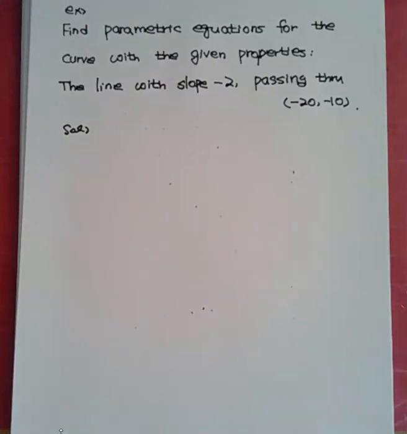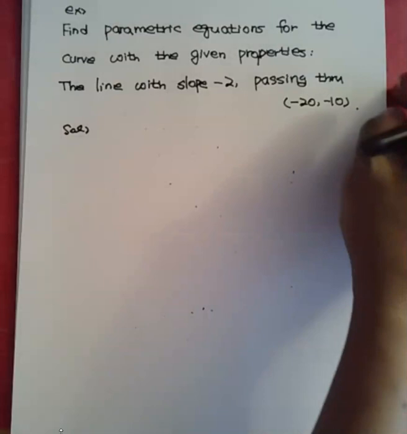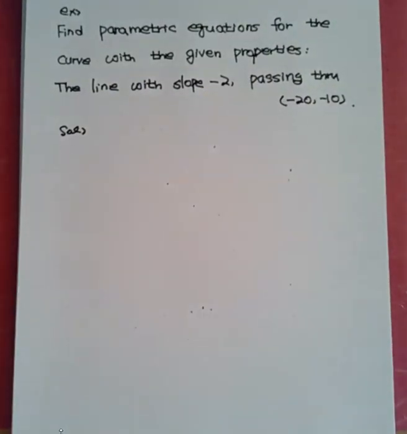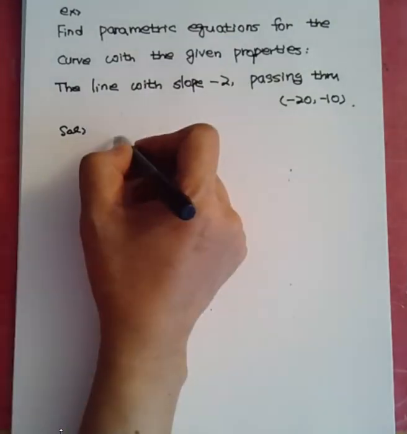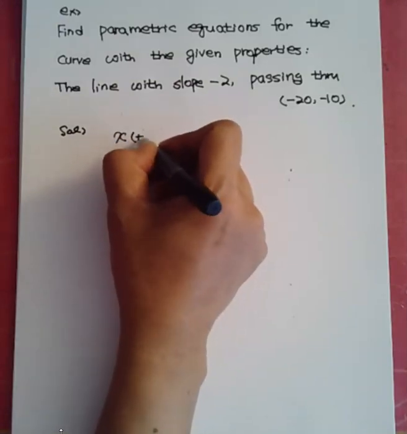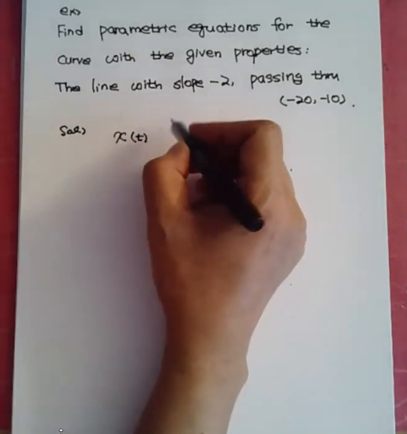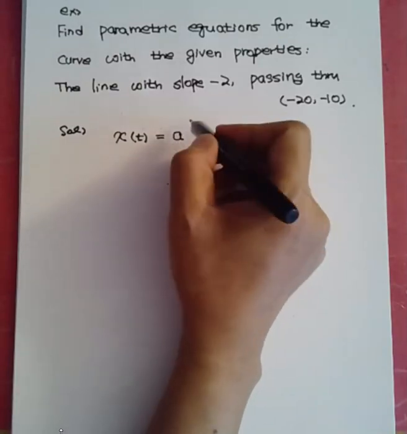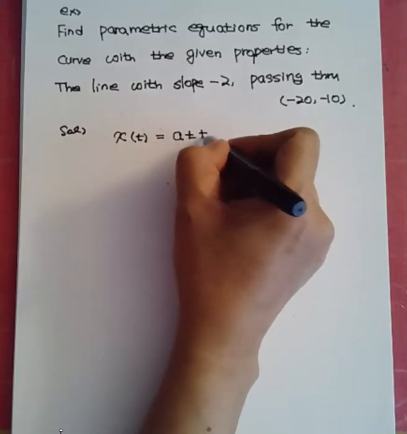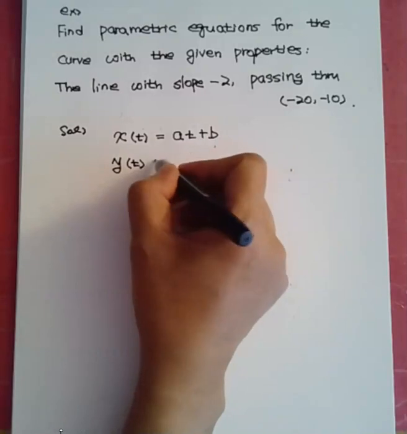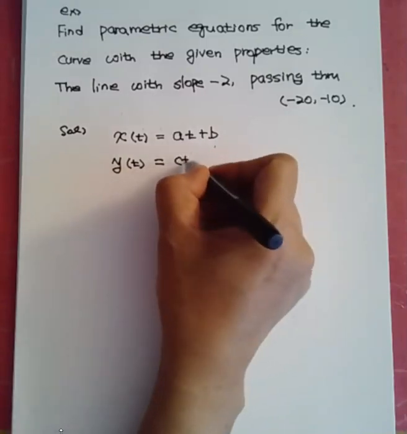The parametric equations we are trying to figure out are the parametric equations of the straight line. So we will set up two equations for x and y. x is a function of t, so x can be written as x of t equals at plus b, and y of t can be written as ct plus d.